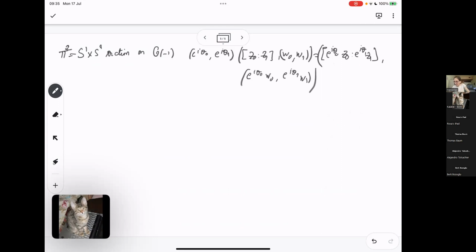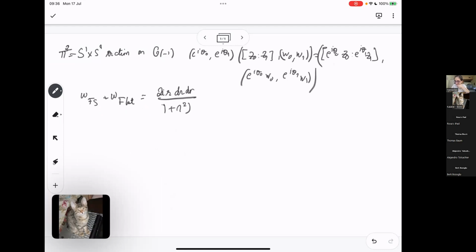Let's see what the moment map is and what the moment polytope is. First of all, the symplectic form, we can write it like this. The first part we've talked about before.